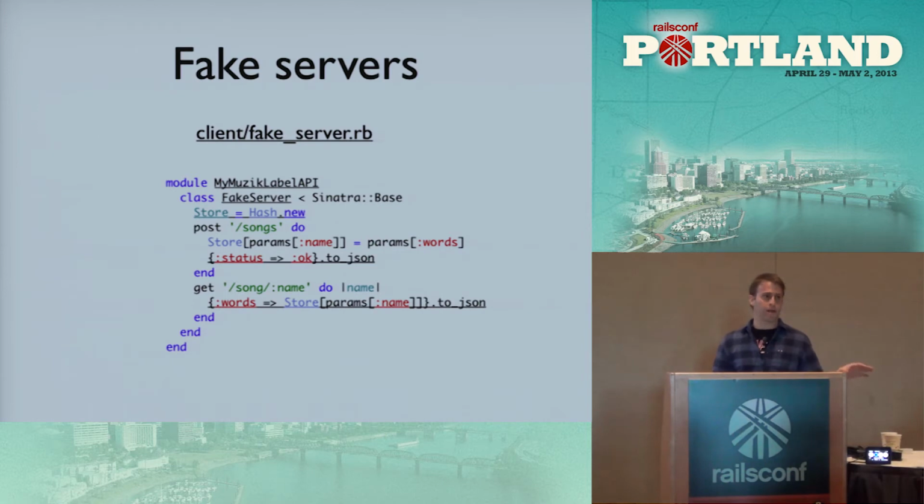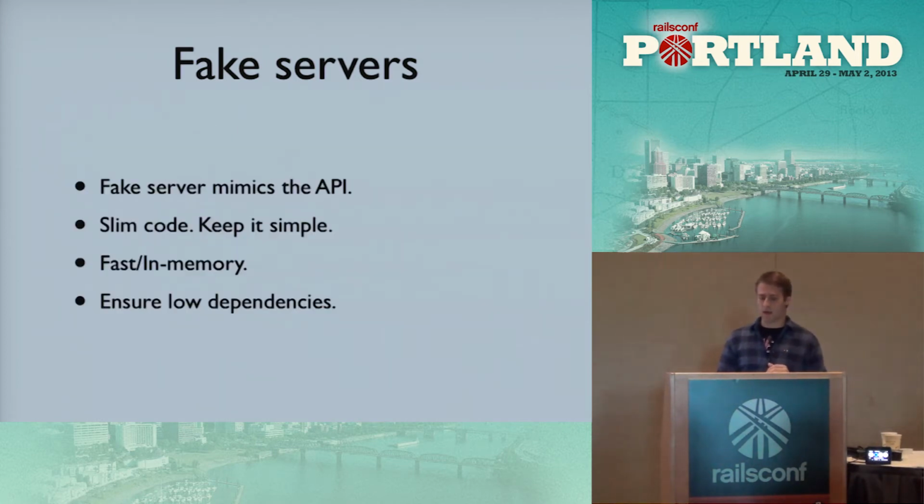We'll look up that key in the hash and send it back, right? And this is doing exactly what our API needs to be doing. And in reality, you could probably do this with a lot more complicated examples. But the idea still holds, is that you want this to mimic the API. You want it to be fast. You don't want to put a lot of effort into it. The idea is that it behaves like the real API. You don't have to build an entirely new server, right? This is just something that's fast in memory, low dependencies. Sinatra is great for this.